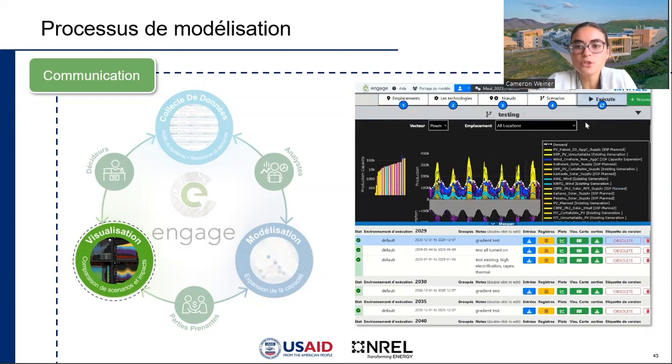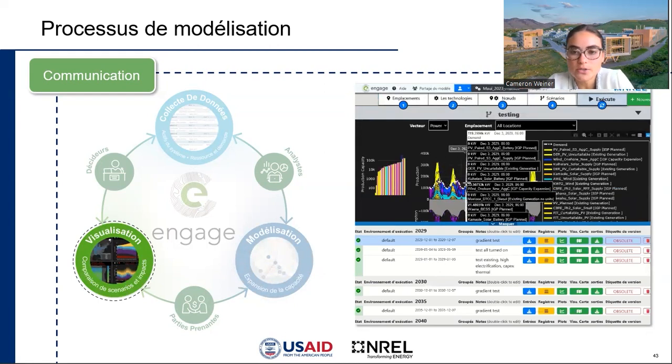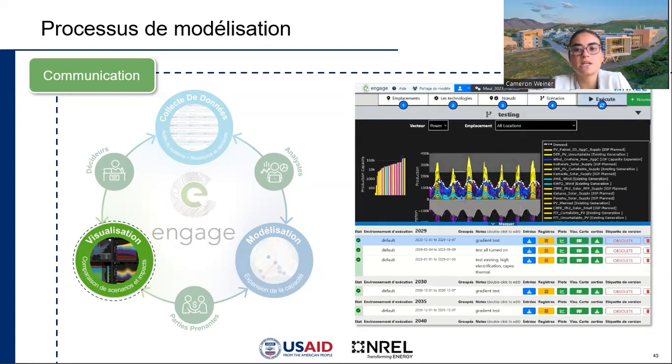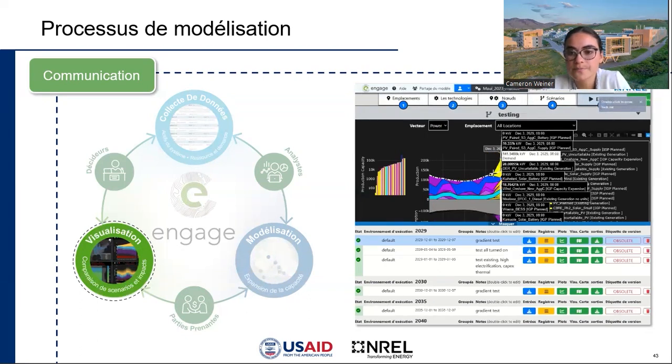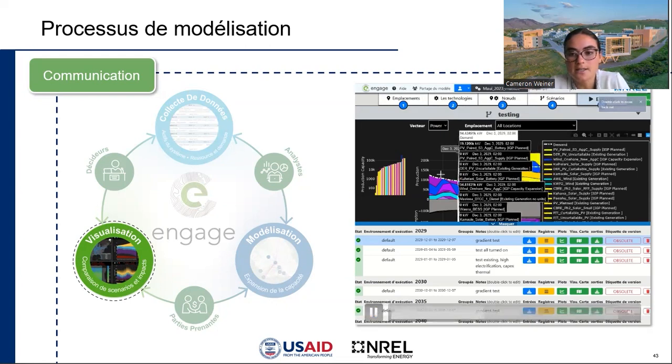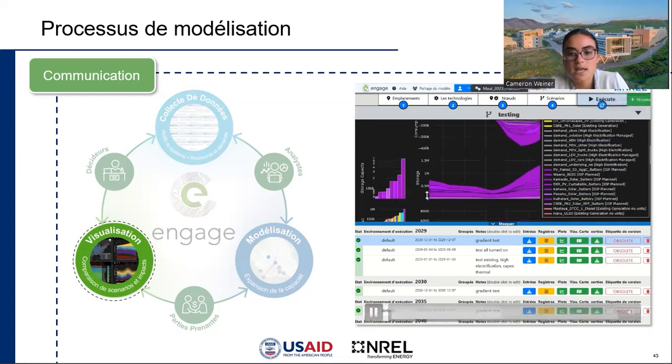And finally, after a user has run an Engage model scenario, Engage will display graphs and other visuals that capture important metrics. These metrics could be things like the resulting capacity of different technologies, as well as their fixed costs.